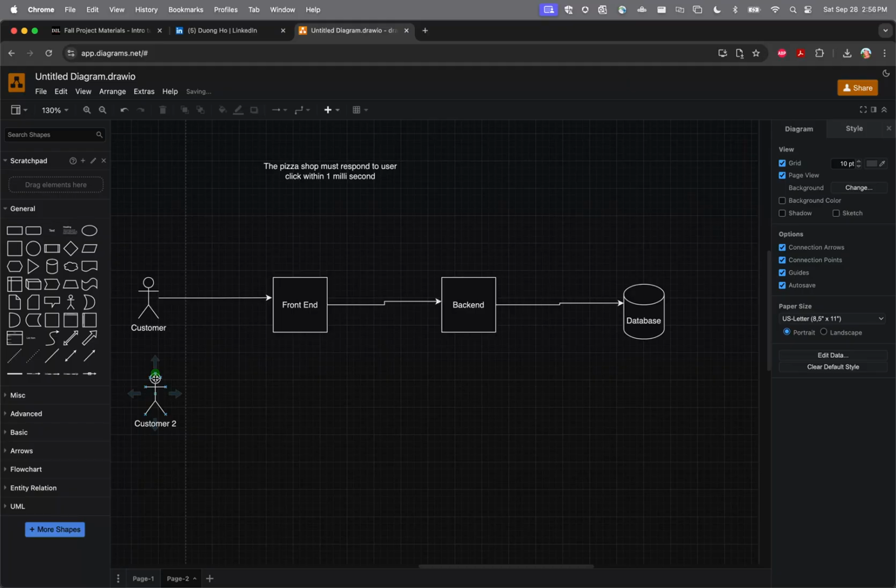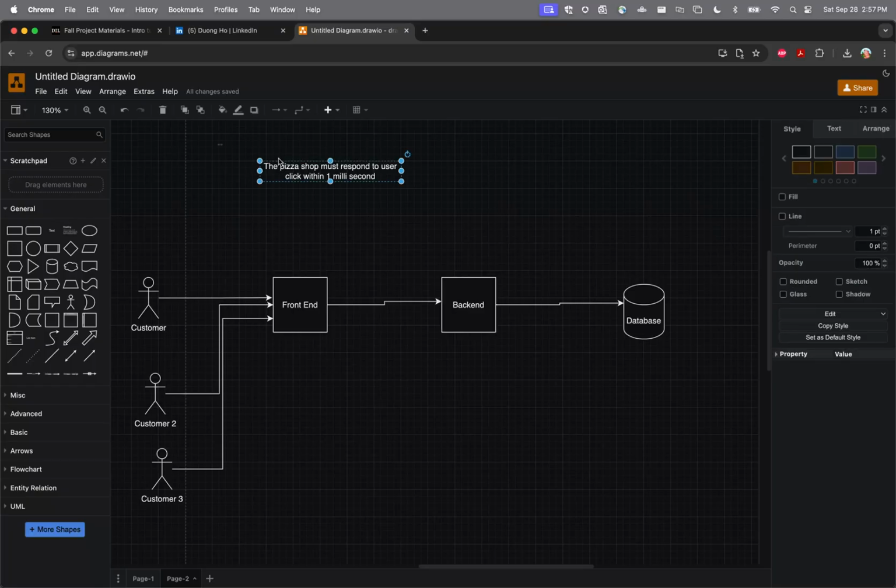Just like in a video game, if you have just 10 players on the server versus 3 million players on the same server, the server will be slow, right? So if one of the characteristics of the system is that it must be fast, then this will contribute to your high-level system design. By that, I mean a lot of the strategy that people would use is they might create another database.